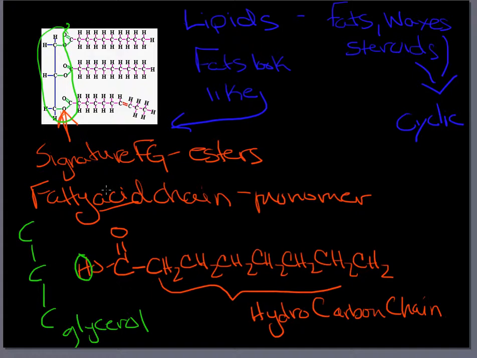So technically we would need 3 of these to satisfy these guys. And before we did our condensation reaction, we had 3 OH groups hanging off of there. When we got rid of those, we got these esters.